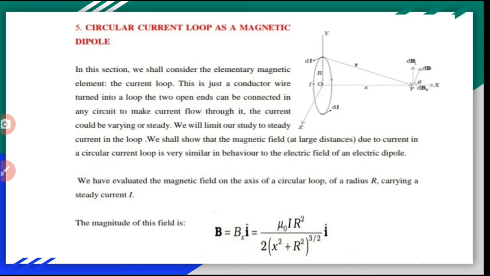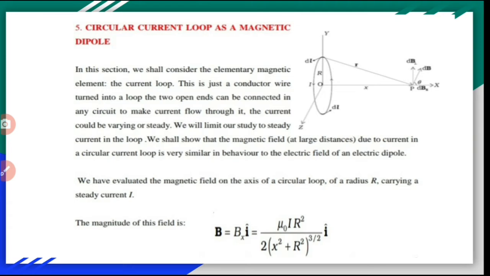We consider a current carrying circular loop, which we considered in the previous chapter. We already discussed the current loop at a distance x from the center of the current loop. What is the magnetic field produced?